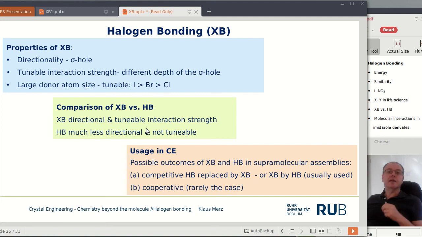On the other side, it could be useful in such a way that there's a cooperation of both, that you can use hydrogen bond together with halogen bonding to design desired crystals. I will show you some examples in one of the next videos talking about the usage and applications.